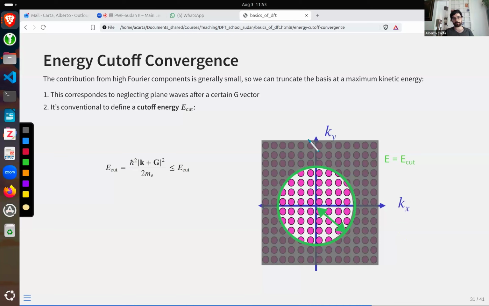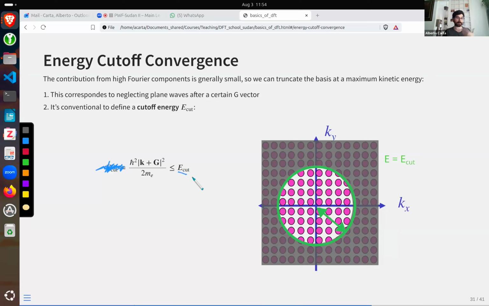Okay, so this energy cutoff basically tells us that, here I have a typo, but basically we neglect states that are above a certain wave vector, and this generally identifies some energy.